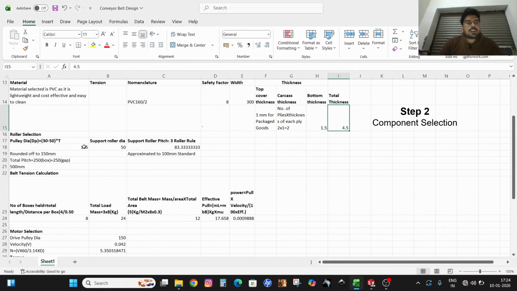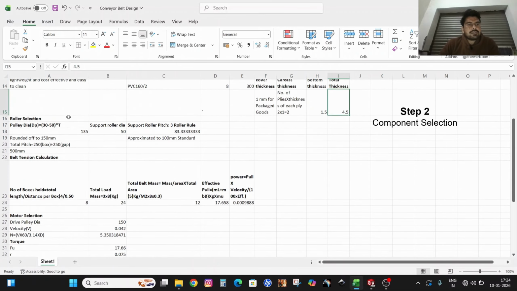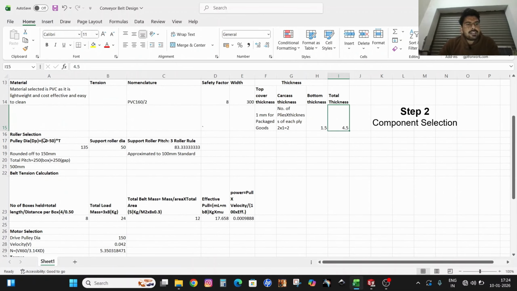Okay, the next component is roller selection. That will be the main roller that will be running the belt, and the pulley diameter is the first parameter that is calculated. It is calculated by the common practice formula, which is 30 to 50 times T, the total thickness, where 30 to 50 is the common factor.